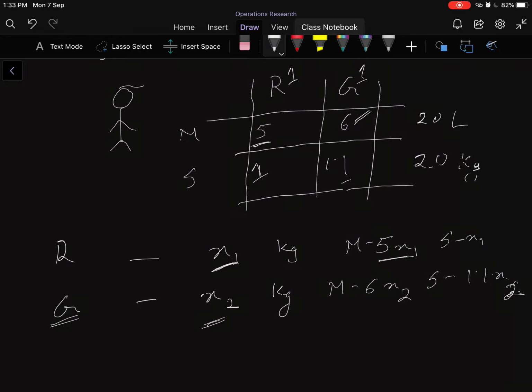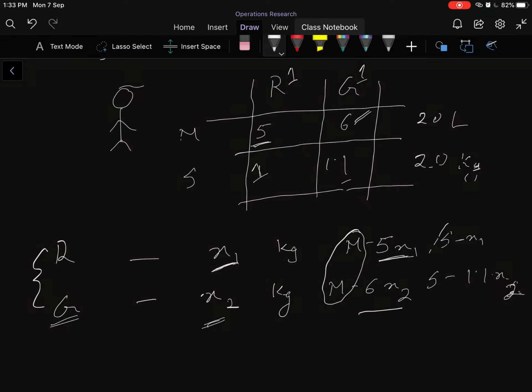So see, the total requirement for milk in this case, if he decides that he would be producing both rasgulla and gulab jamun, would be 5x1 plus 6x2. This is the total requirement of milk.